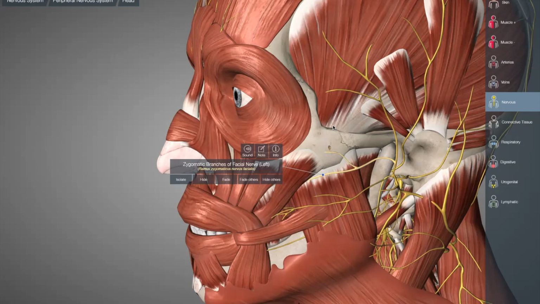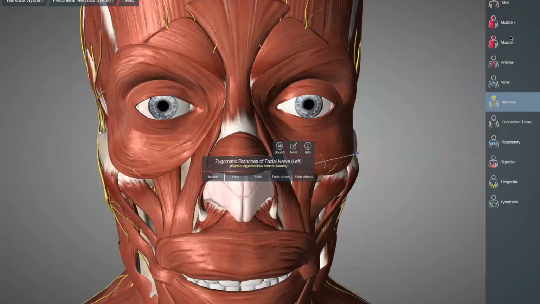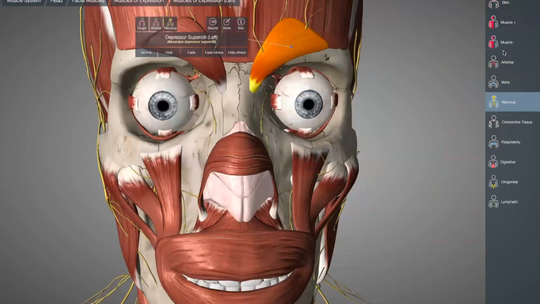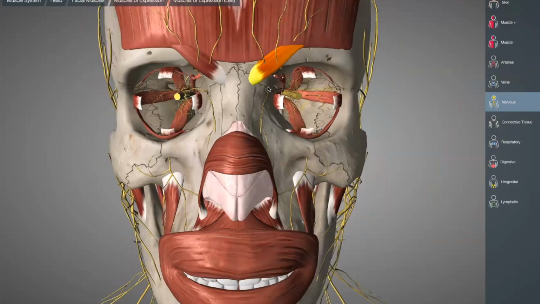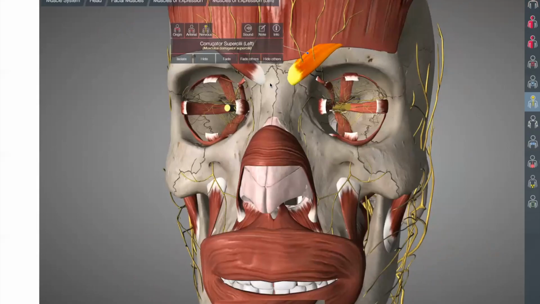The next thing we have to do is corrugator supercilii. Maybe you know this muscle. It's like when we raise the brows, or when you are angry, your brows get close to each other.